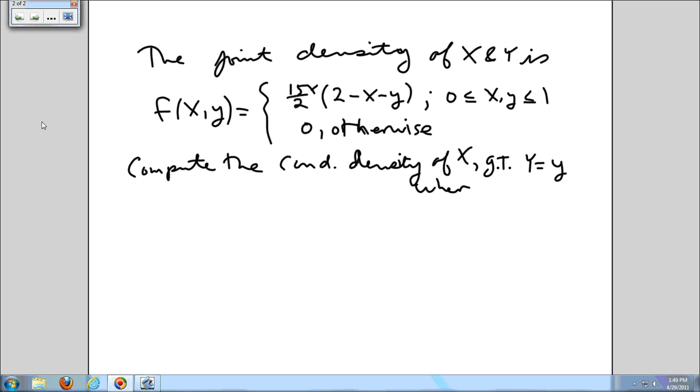And I really should say that y is in between 0 and 1. Okay, so now let's talk about that. For y between 0 and 1, what is f sub x given y of x comma y?